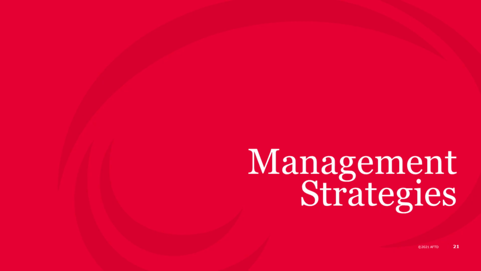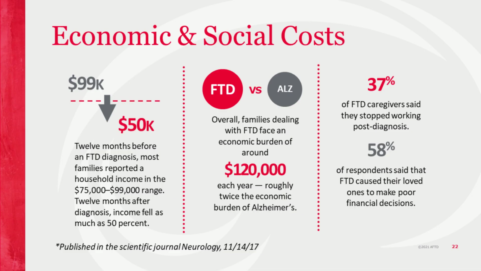So I want to talk a little bit about management strategies and understanding what it's like to live with an FTD diagnosis. A few years ago, AFTD did a study on the costs of FTD with responses from nearly 700 care partners and caregivers.